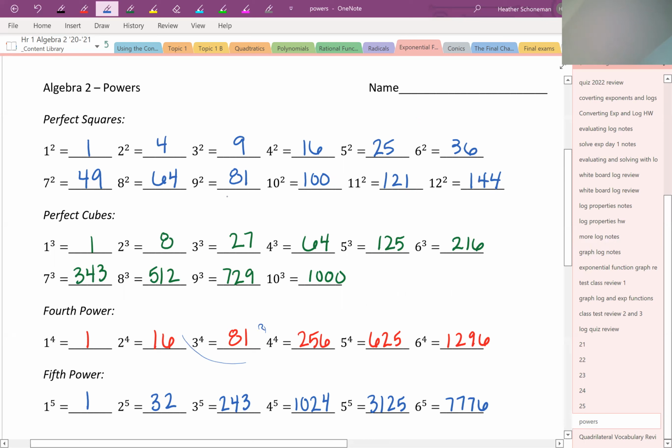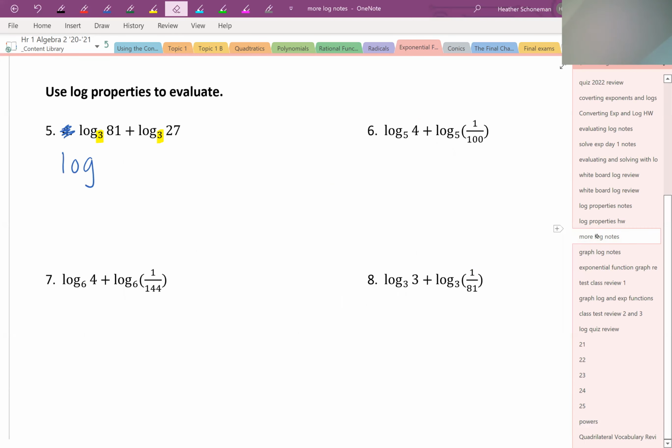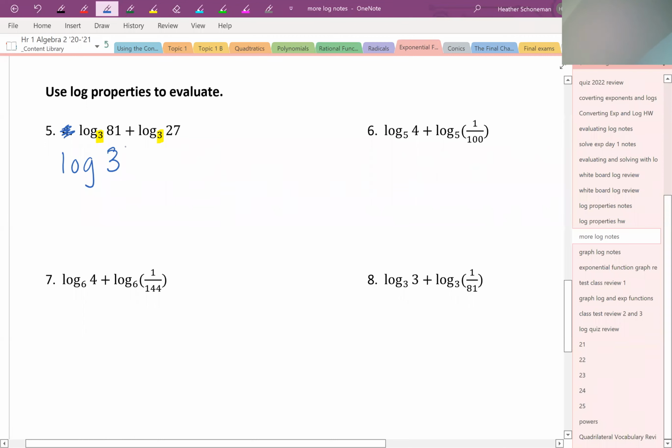Okay, so I can do 81 is 3 to the 4th. And 27 is 3 to the 3rd. That's easier. So we have log base 3 of 3 to the 4th plus log base 3 of 3 to the 3rd.